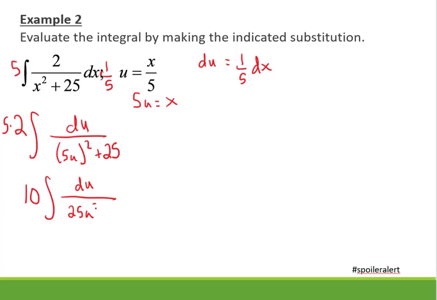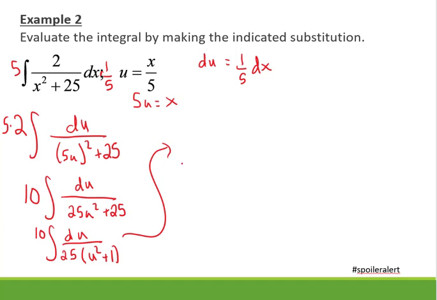I can factor out a 25. I have 10 over 25 integral du of u squared plus 1.